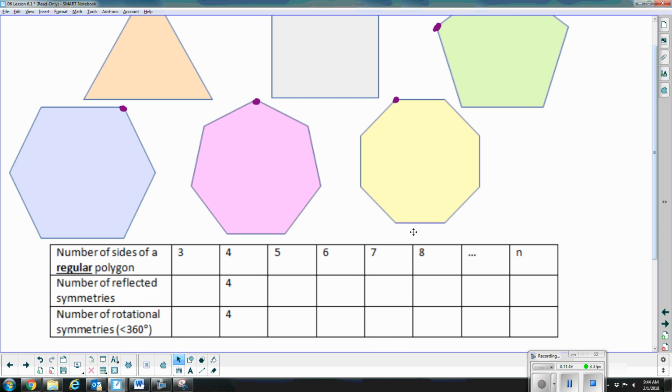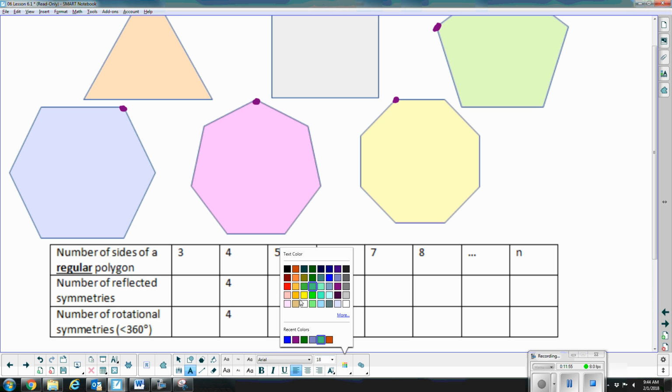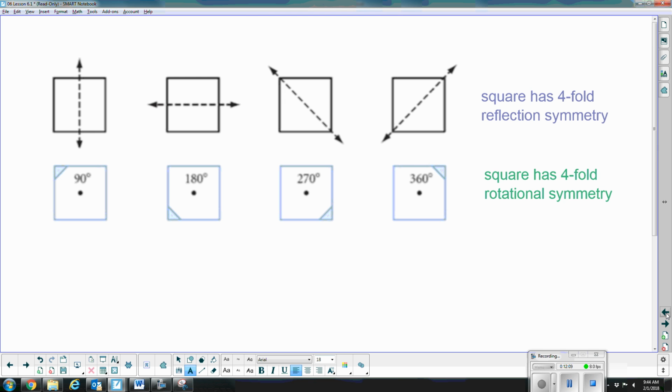All right, so now you should have already done this activity. So looking at this table, you should see that in a triangle, you have 3 reflected symmetries and also 3 rotational symmetries. For a square, we already looked at square back in this example. It has 4-fold reflectional symmetry and 4-fold rotational symmetry.